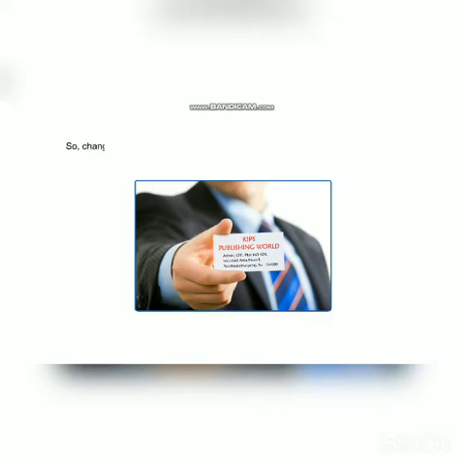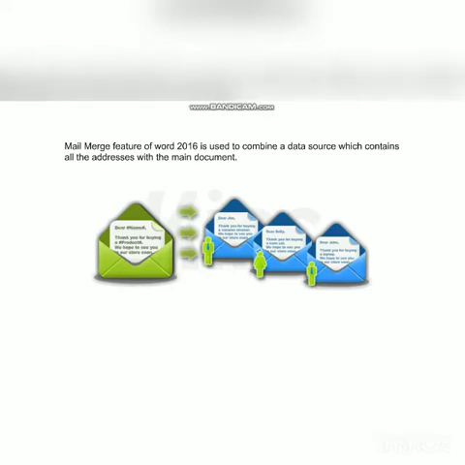So, changing the address each time would be a very long process and a big wastage of time and effort. Mail Merge feature of Word 2016 is used to combine a data source which contains all the addresses with the main document. It saves our time and energy to send letters at multiple addresses.